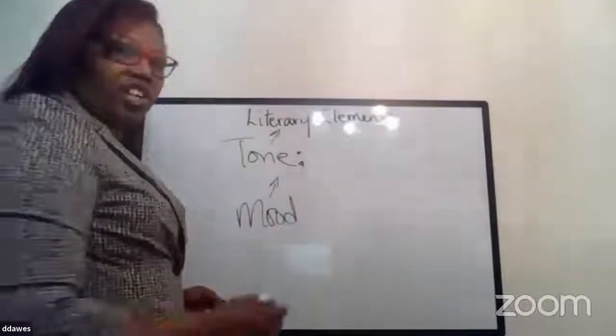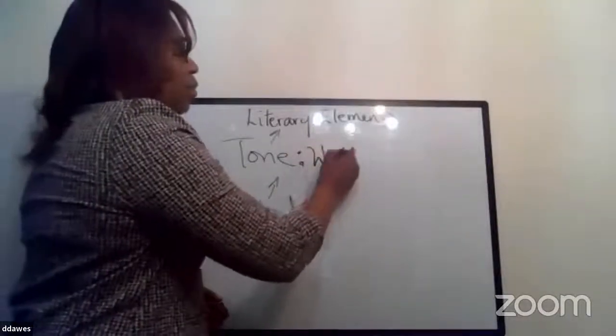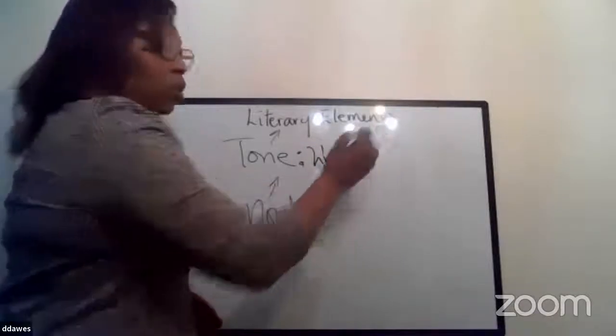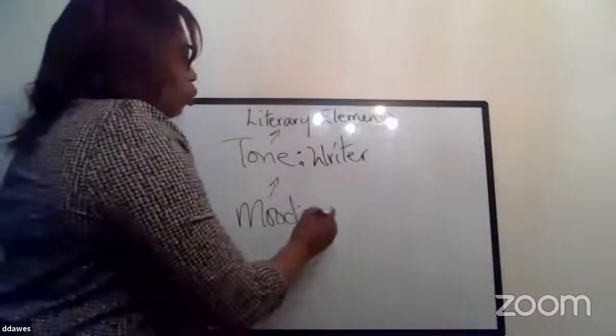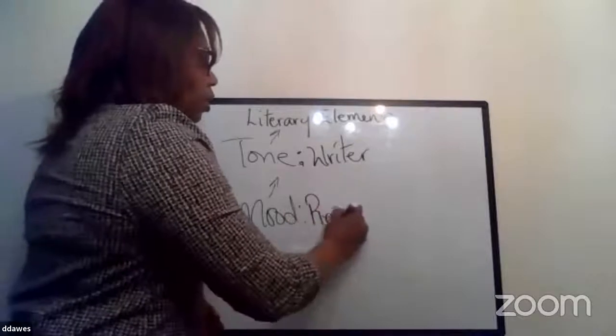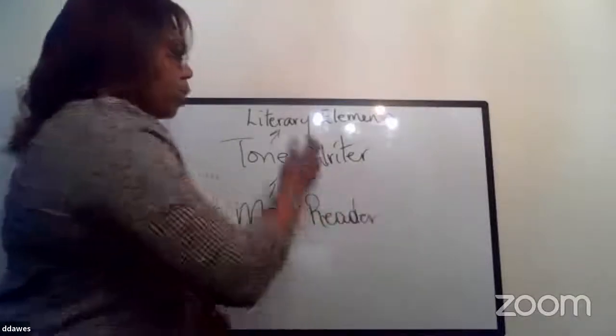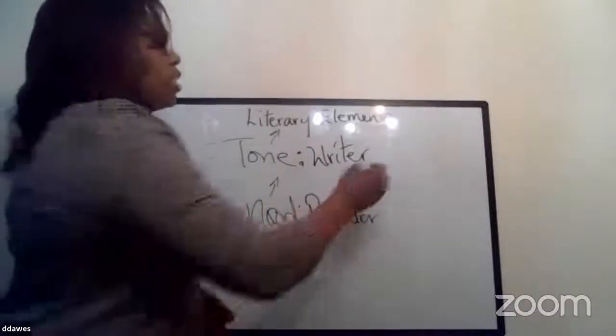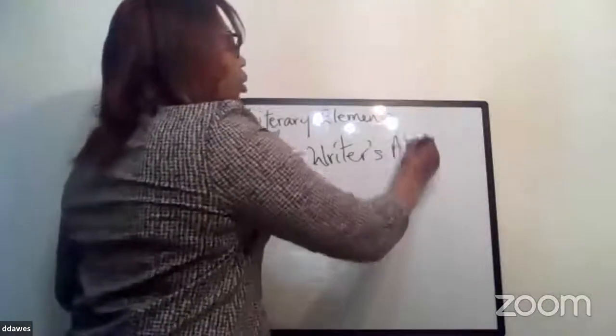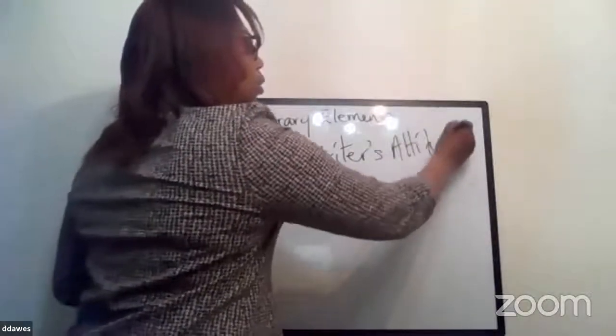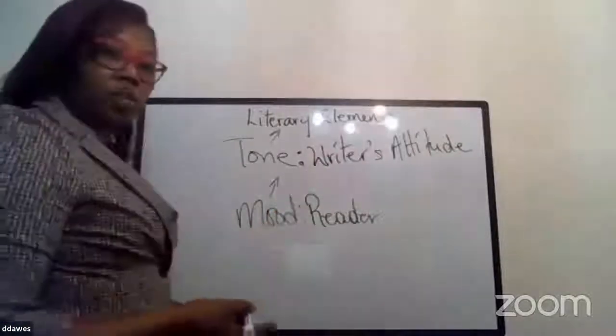Tone, as we said earlier, we think about the writer when we think about tone. And when we think about mood, we think about the reader. So what is tone? Tone is the writer's attitude to his or her subject.